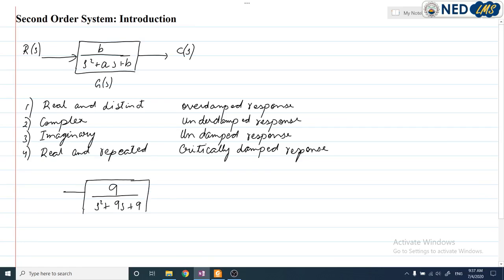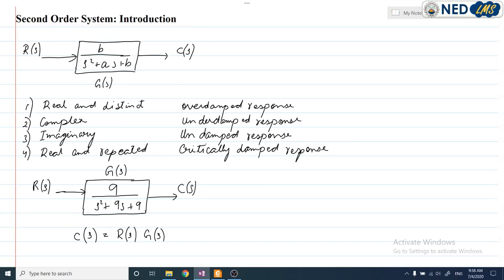I am selecting the value of a and b both as 9 because it will give me real and distinct roots. So here is the output c of s, and here we apply the input. This is our transfer function. So I can write the output response equal to the input r of s multiplied by the transfer function g of s.